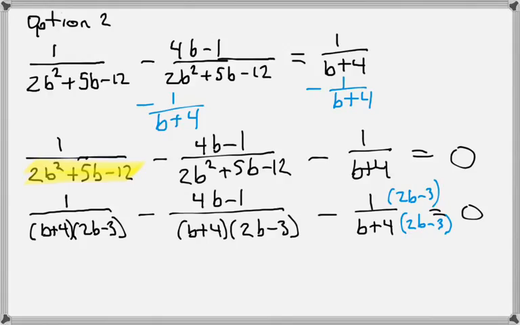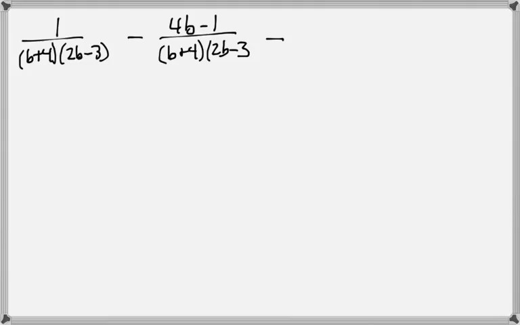So we go ahead and distribute that 1. So we are only looking at 2b minus 3 over our common denominator of b plus 4, 2b minus 3.